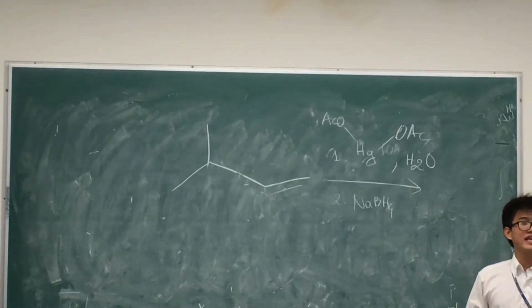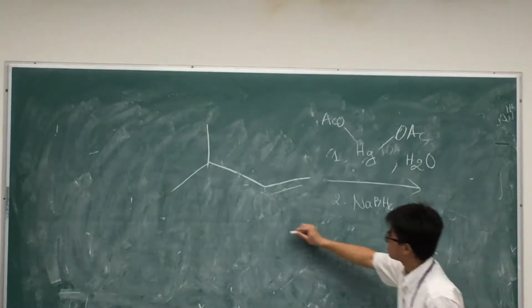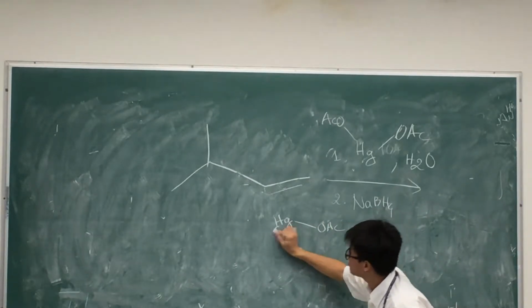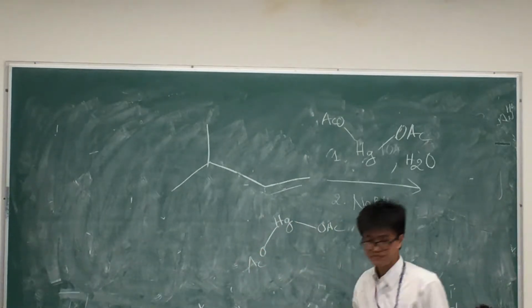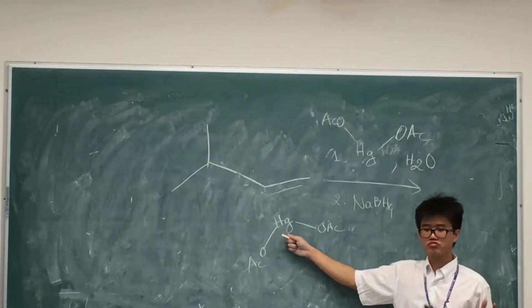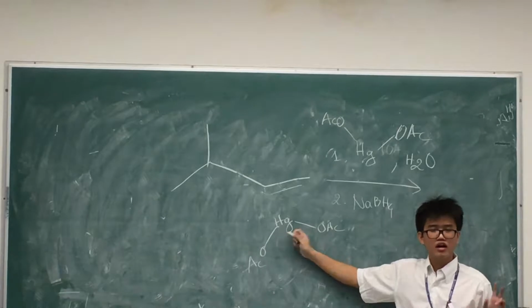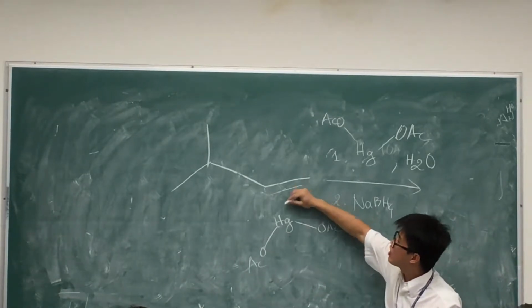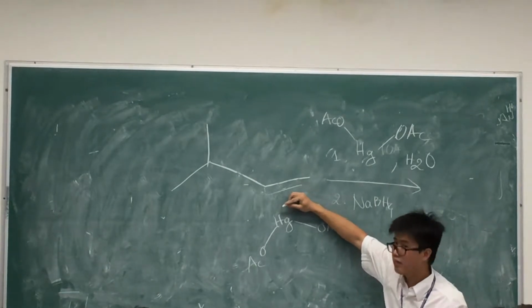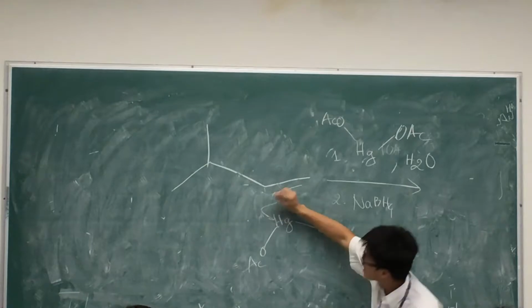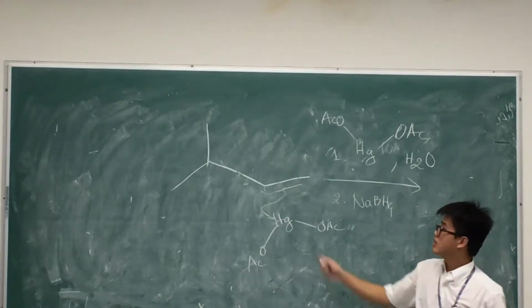Okay, now let's look at the mechanism. First of all, this one is a transition metal. They're really complicated and they have an empty d orbital, so they can receive the electron.